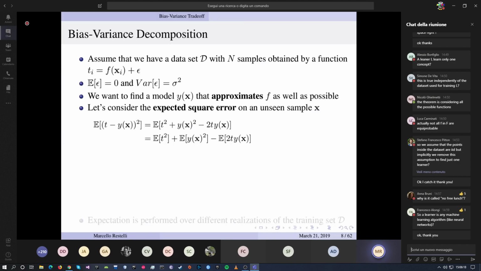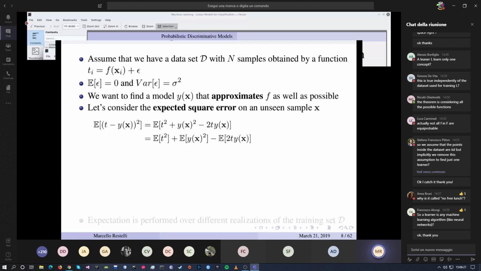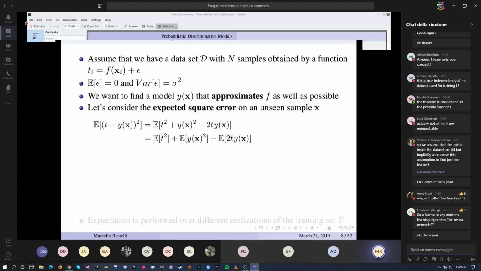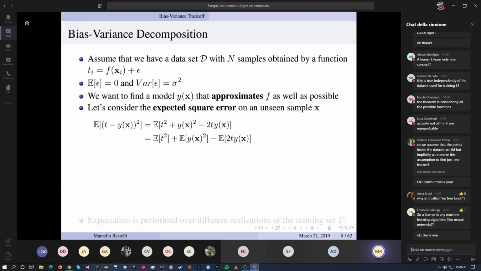Then what we want to do now is to highlight some variance terms. And in order to do this, we can apply a common trick. First of all, you know that the variance of a random variable is equal to the second moment of the random variable minus the first moment square. So this is the usual expression for the variance of a random variable.